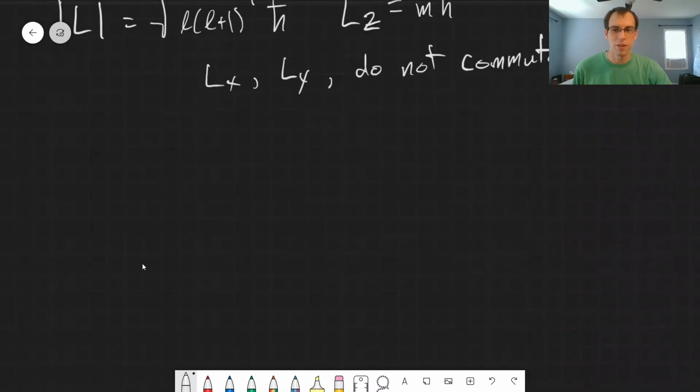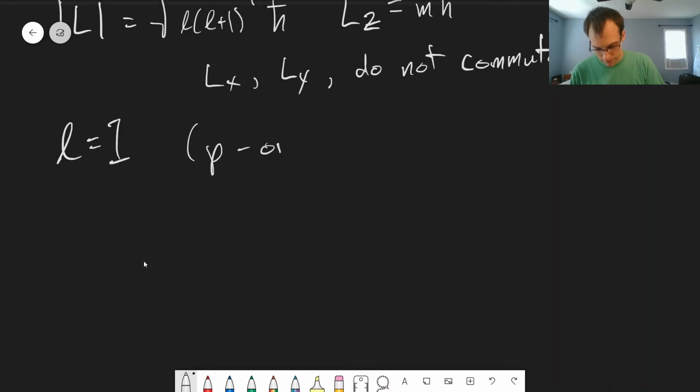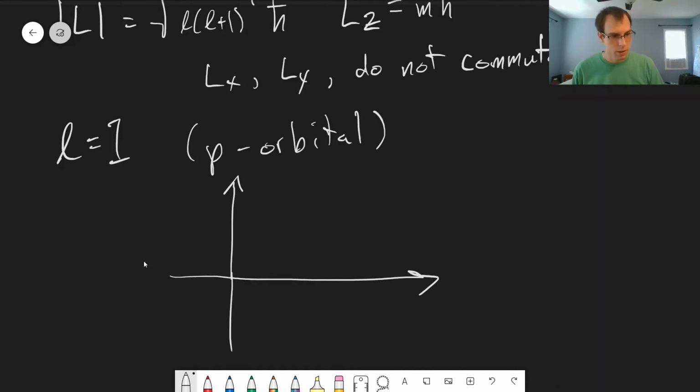So if we consider a case where we have L equals 1, this is a p orbital, to jump ahead a little bit. We know what the absolute value of L is, so if we plot the angular momentum on an axis here, this is our z component, and x and y are in the plane here.